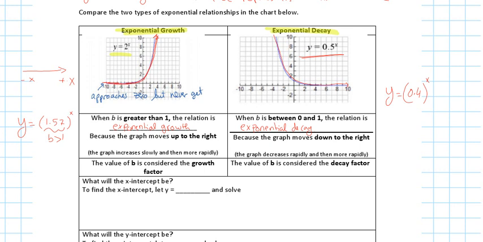It could be a fraction, as long as the fraction is either bigger than 1 or less than 1. Let's say 2 over 3, right? That gives you 0.6, which means it's between 0 and 1.